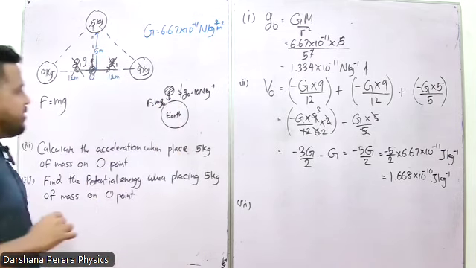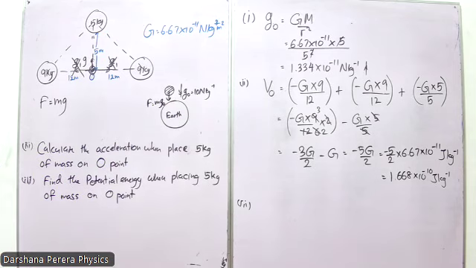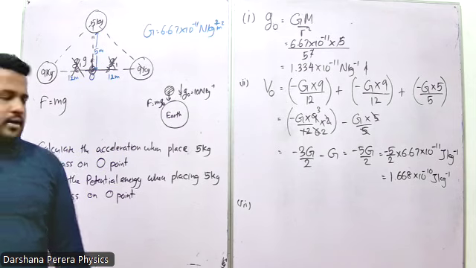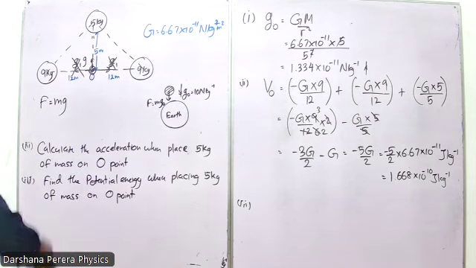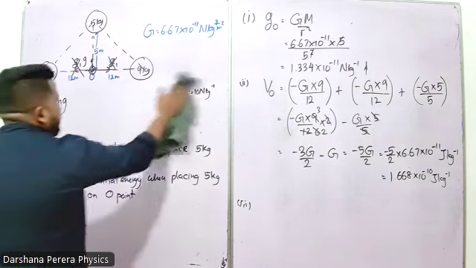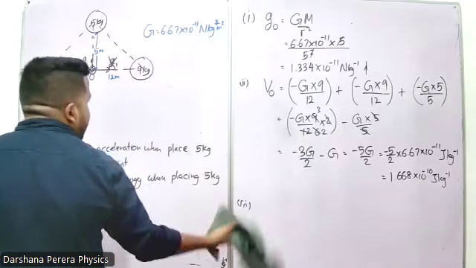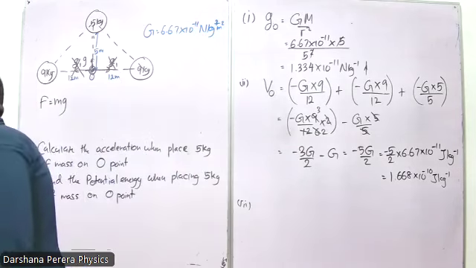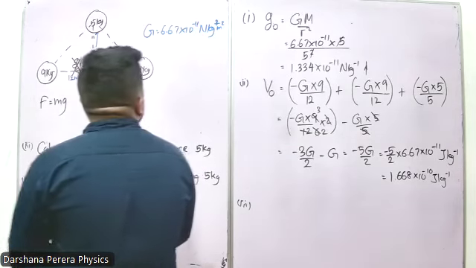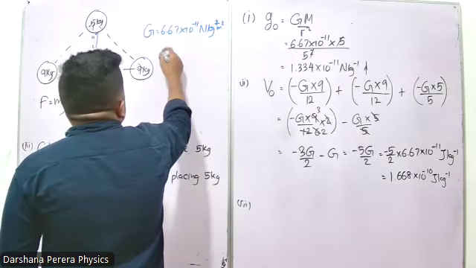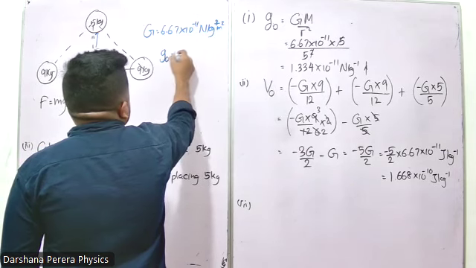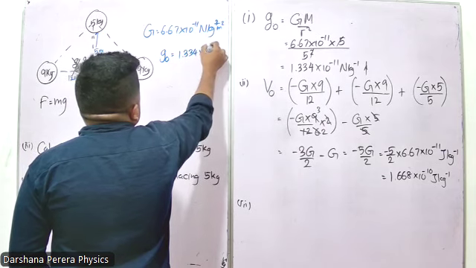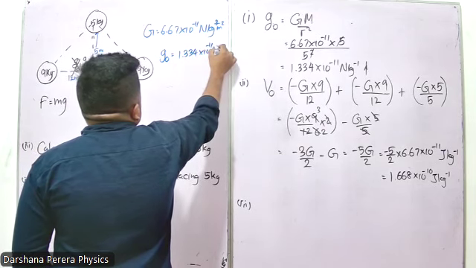So I can tell this is the gravitational force, when there is a gravitational field. So I have to find the gravitational force, then I have to find the gravitational acceleration. So the answer is 1.334 into 10 to the power minus 11 N kg minus 1.